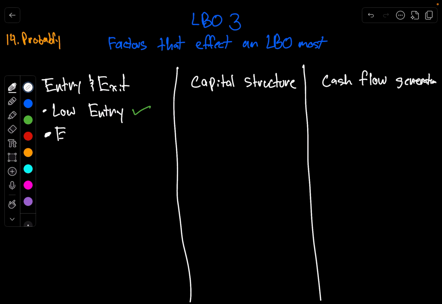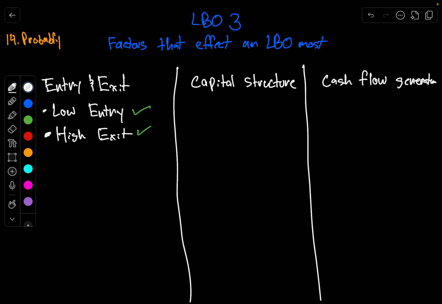Similarly, if they have a high exit, that's also a good thing, right? Then you can also talk about, for example, if they're able to purchase a company at 10 times EBITDA and they're able to sell it at 11 times EBITDA, right?